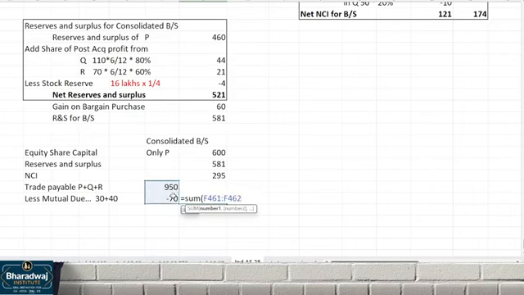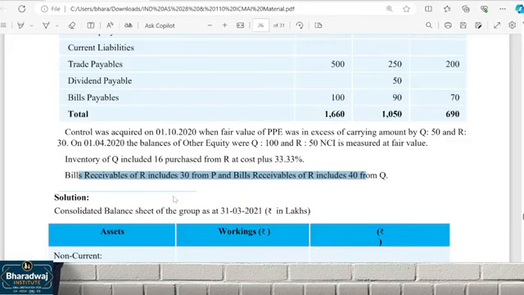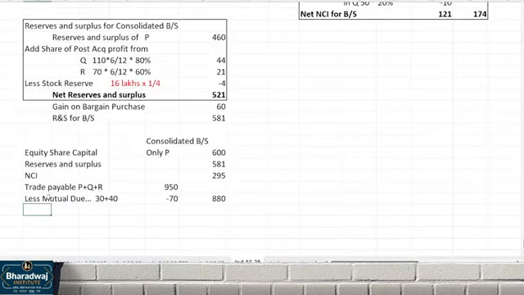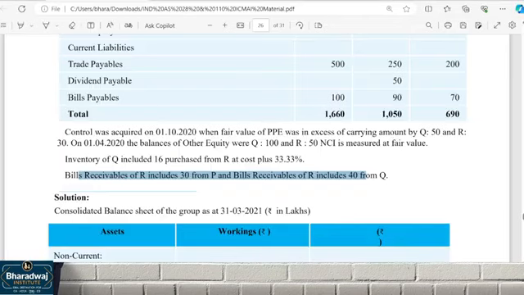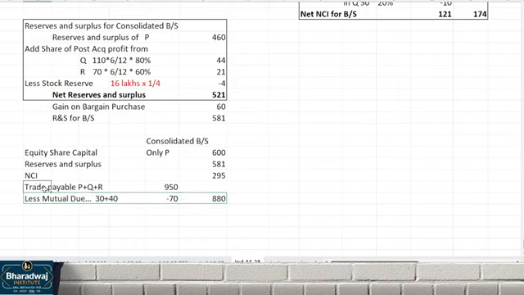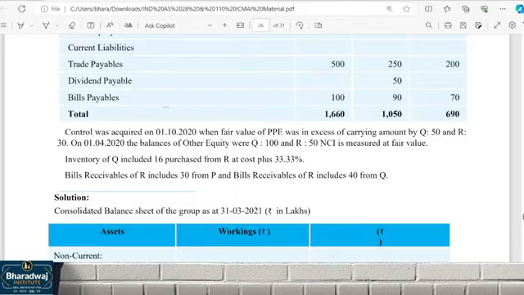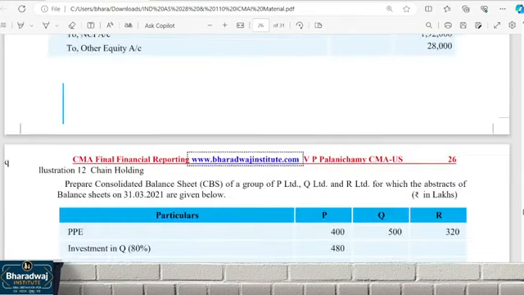Then what else will come? Oh, is there bills payable also? Sorry. Trade payable. Okay. So please add bills payable also. Include trade payable and bills payable. Creditors and bills payable also: 100 plus 90 plus 70. That also please include.